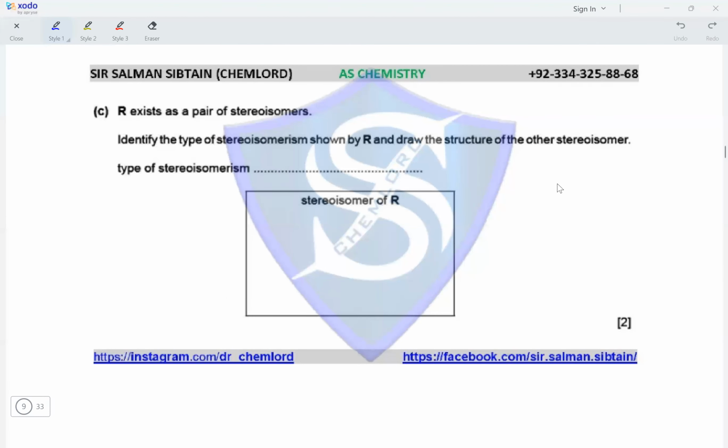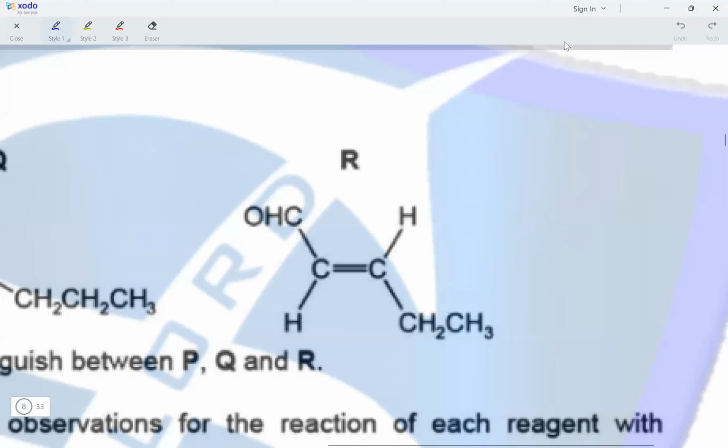R exists as a pair of stereoisomers. Identify the type of stereoisomerism shown by R and draw the structure of the other stereoisomer. So we need to revisit the structure of R to understand what kind of isomerism it shows and what would be the other stereoisomer for R. So here we can see that R is an alkene and it has two carbon atoms with a double bond between them, each having a hydrogen atom on it placed on opposite sides of the double bond.